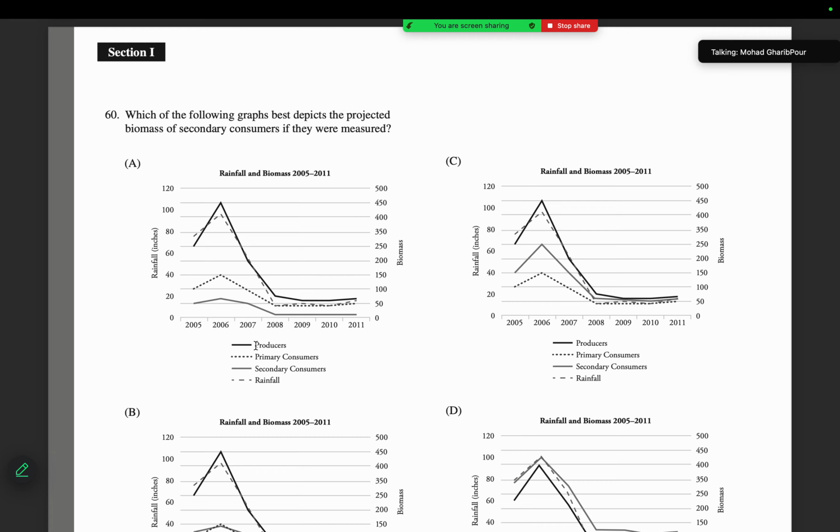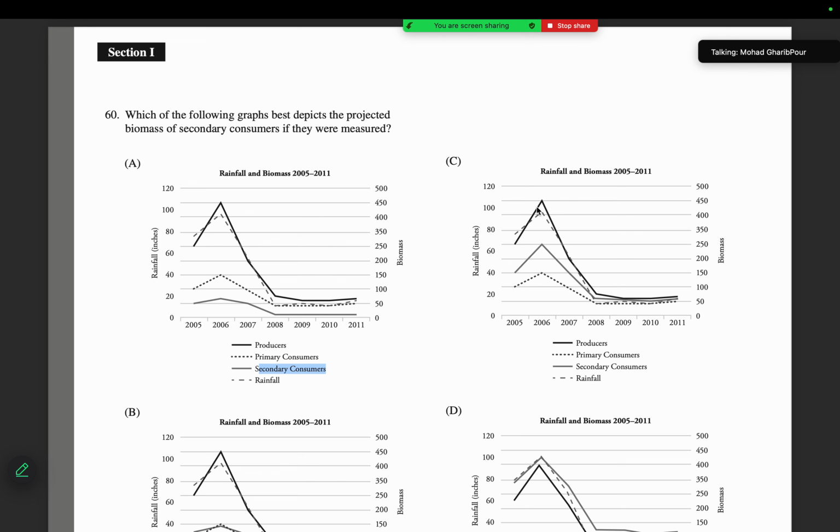So the biggest biomass is going to be producers, which is this dark line. And then below that should be primary consumers, this line. And then below that should be secondary consumers, this line. So A looks right to me.